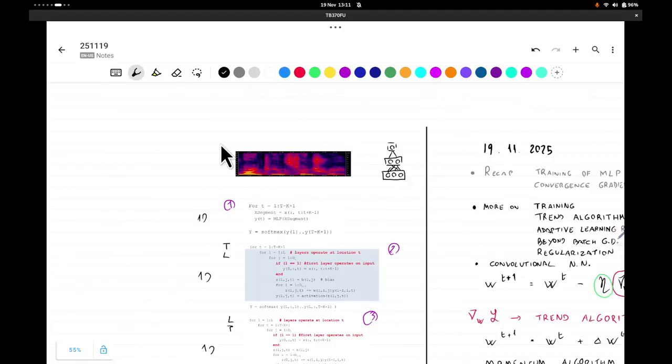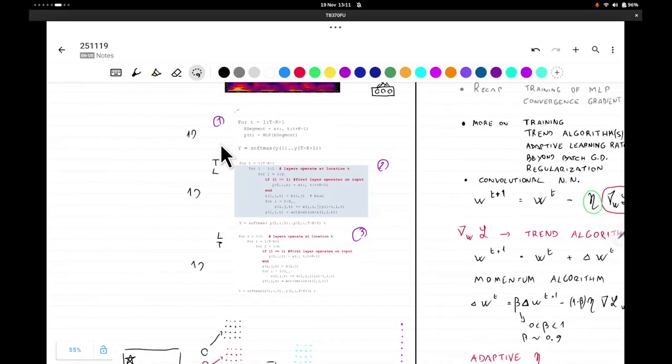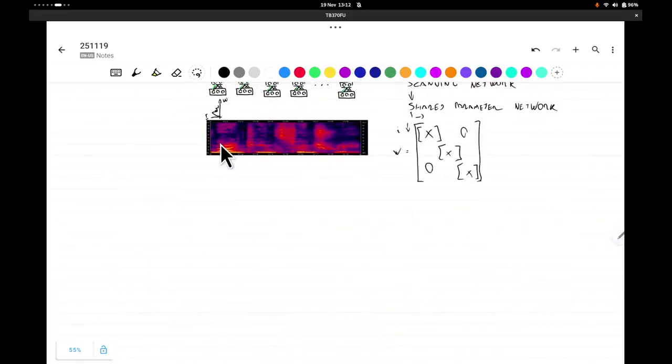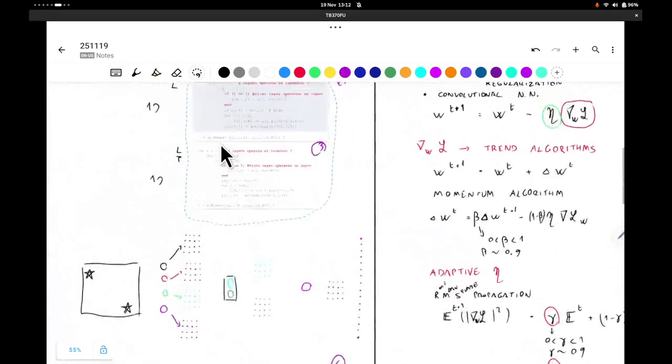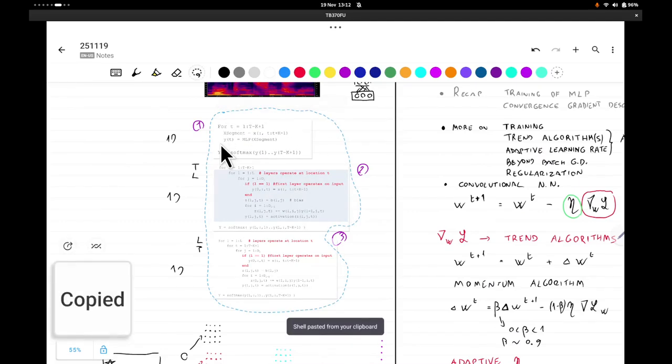So I need this one, probably like this. No, I wanted to. Okay. Pasted.